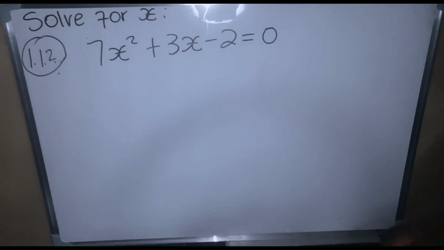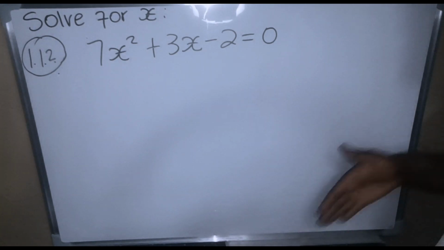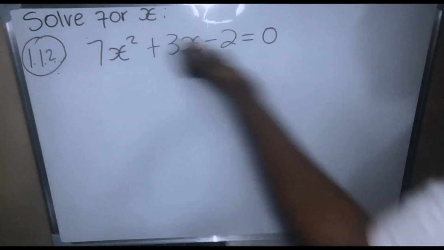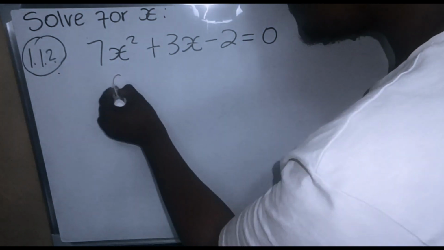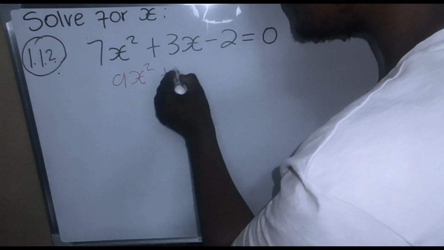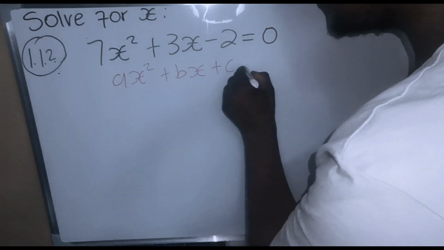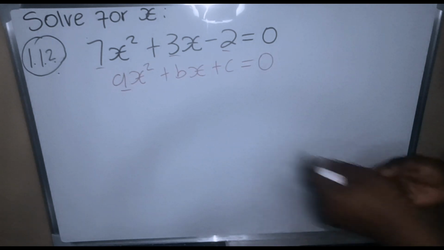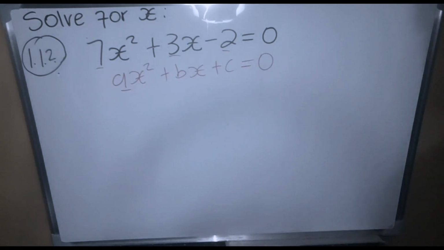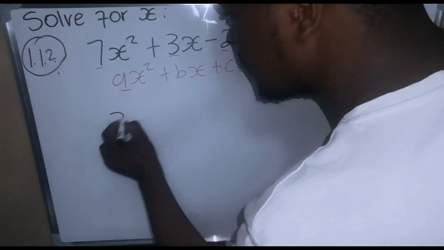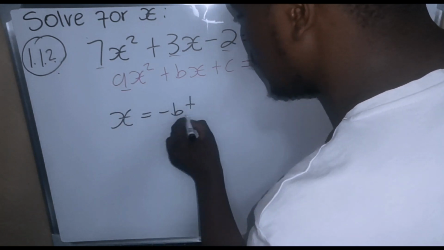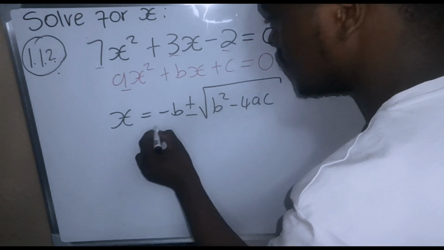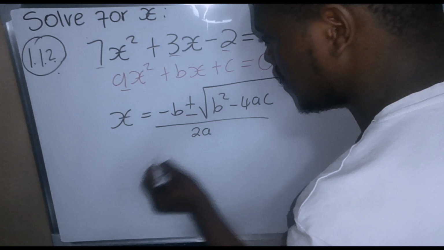Now, guys, remember that this is a quadratic trinomial, or the quadratic equation, because this equation is written in this form: ax squared plus bx plus c equal to 0. These are a, b, and c. If it's written in this form, which equation do you use? x is equal to negative b plus or minus the square root of b squared minus 4ac, all divided by 2a.